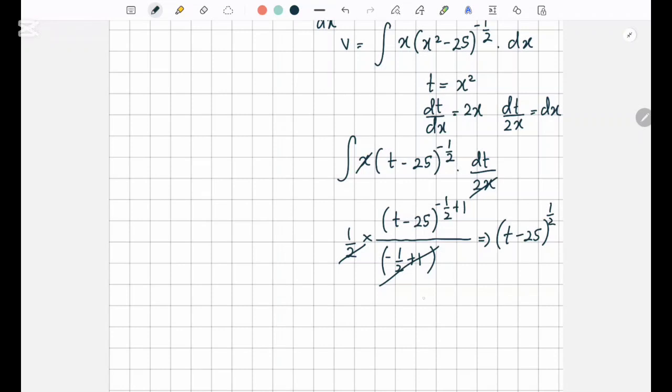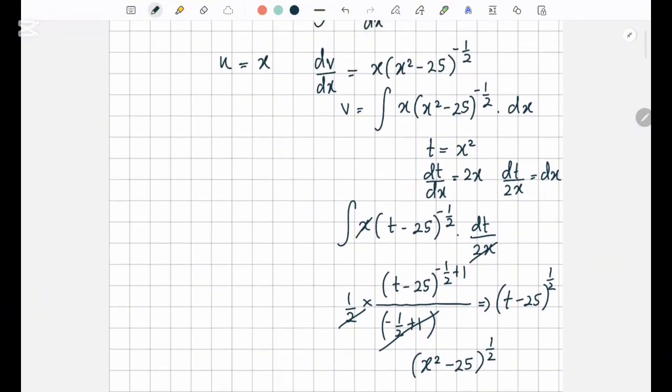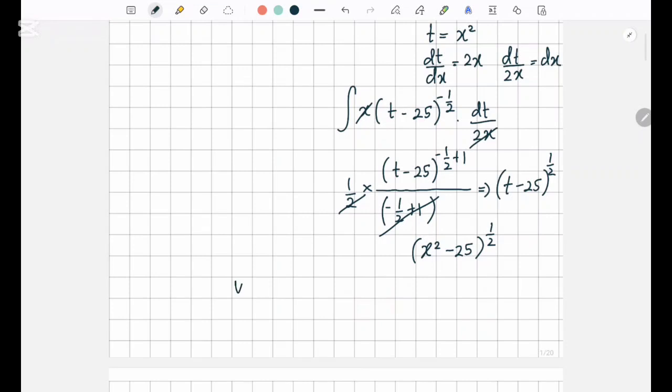So it's going to be x squared minus 25 in brackets to the power half. So let's go back into our question. So we know u equals x, and now we know v equals x squared minus 25 to the power half.